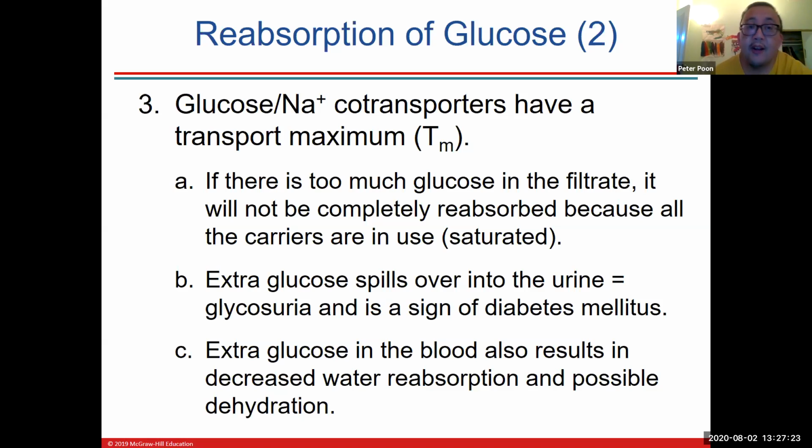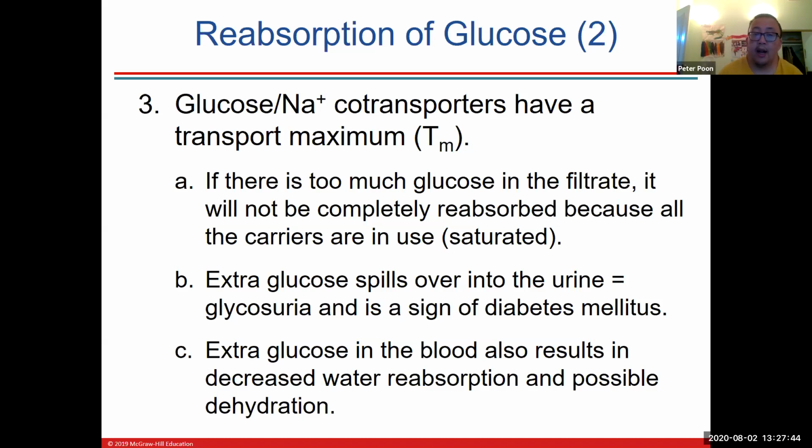If you have a lot of glucose in the blood, then it can't possibly all be pumped out. There's a transport maximum, and therefore you end up with glucose in the urine stream.